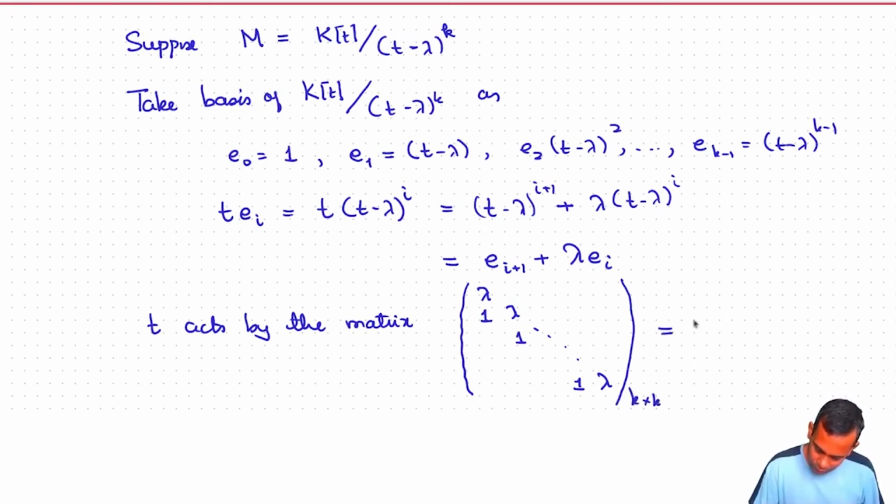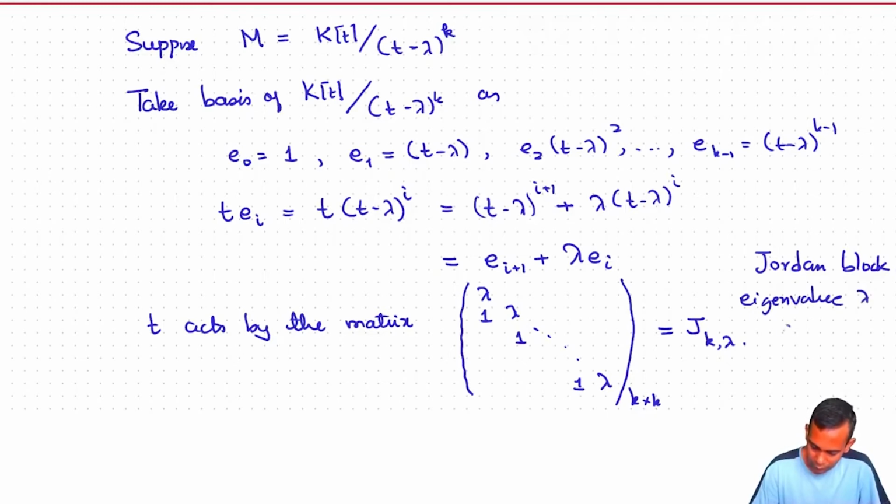We will call this matrix J_k(lambda). Such a matrix is called a Jordan block with eigenvalue lambda of size k. And these are the building blocks of matrices over an algebraically closed field.